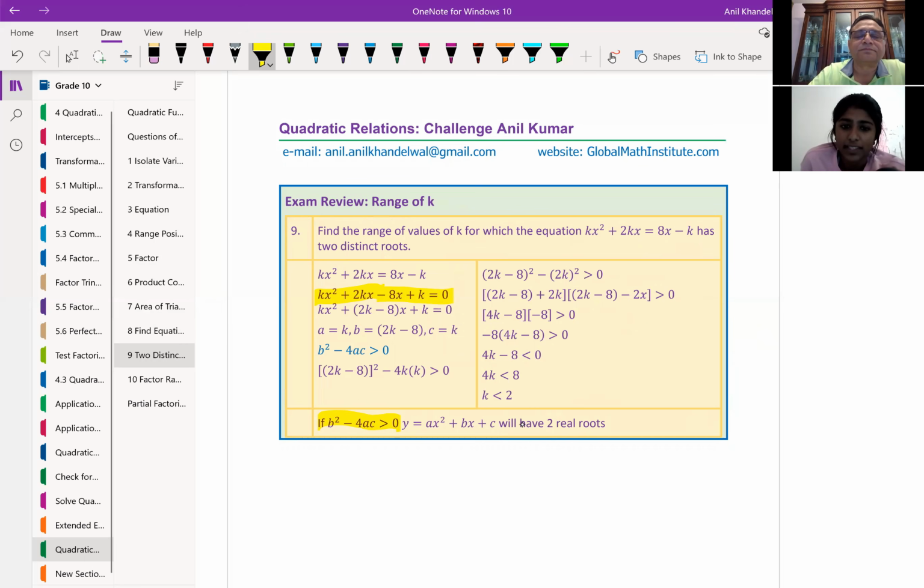Since we have two terms of x, one being 2k and one being minus 8, the value of b is 2k minus 8, whole squared, then minus 4 times k times k again. So you get 2k minus 8 whole squared minus 4k squared, being greater than 0.